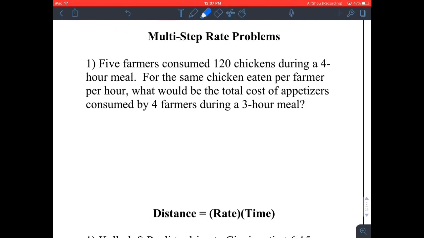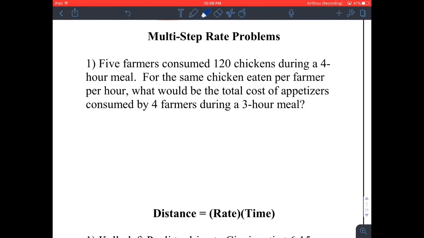So we have to determine if this is a direct or indirect relationship. And it's direct because the more time you have to eat, the more chickens you'll be able to eat. So those are moving in the same direction.